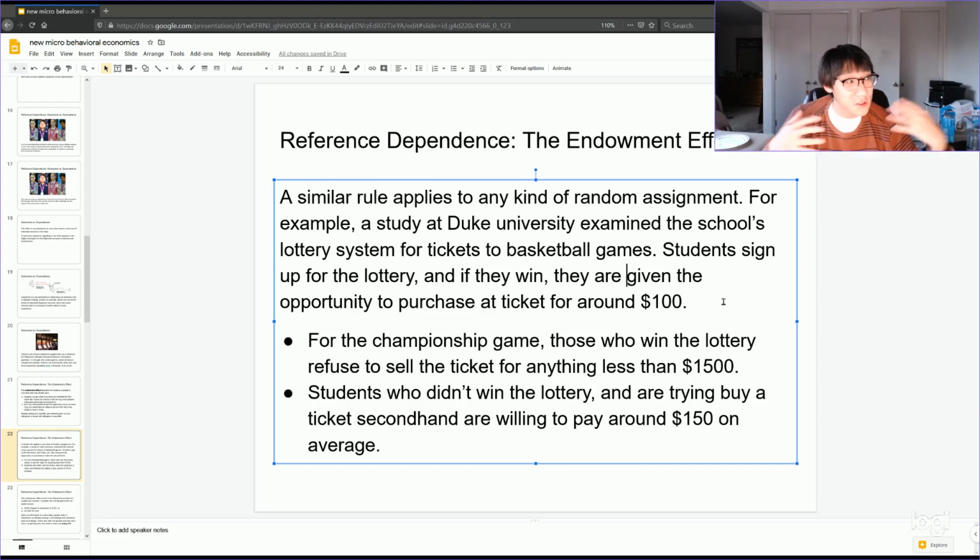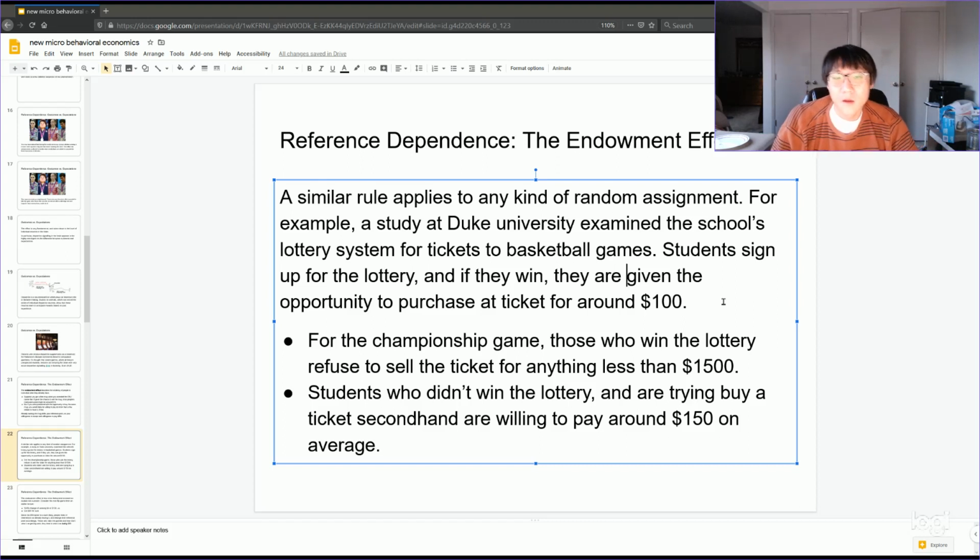If you talk to them, they'll frame it in the sense of, wow, this is a once in a lifetime opportunity to see the NCAA championships while I'm at Duke, and they value the tickets a lot. They're only willing to sell them for, let's say, $1,000 or more.